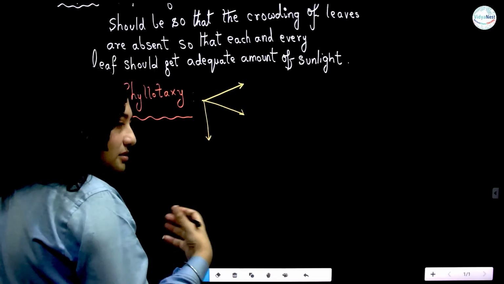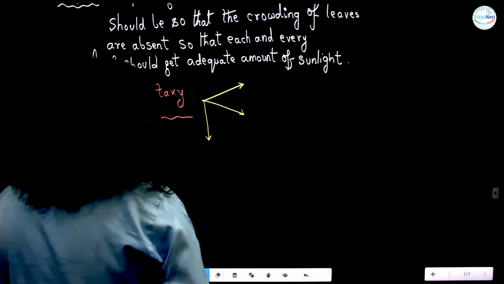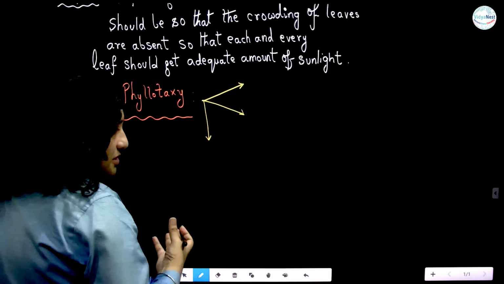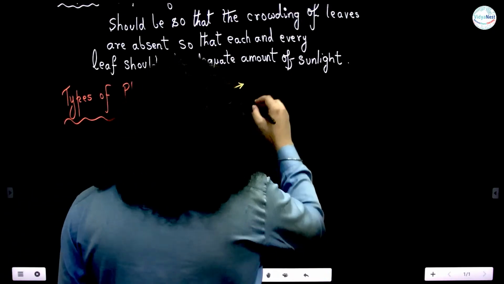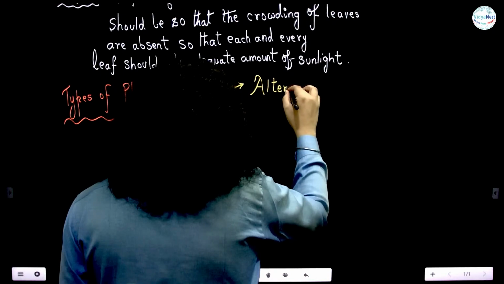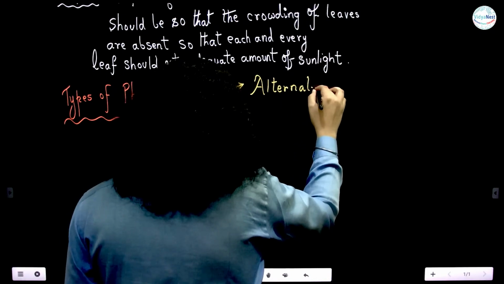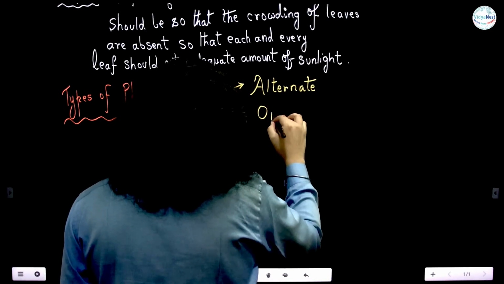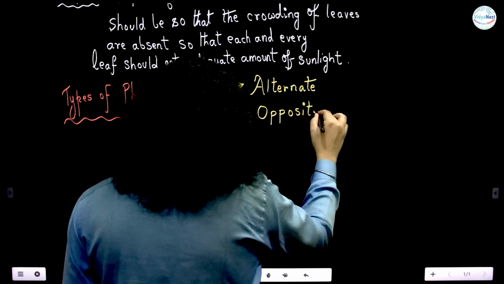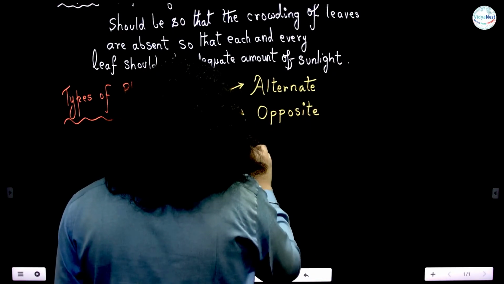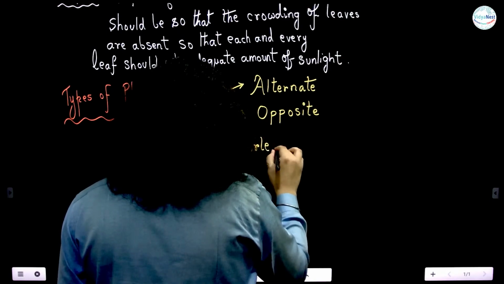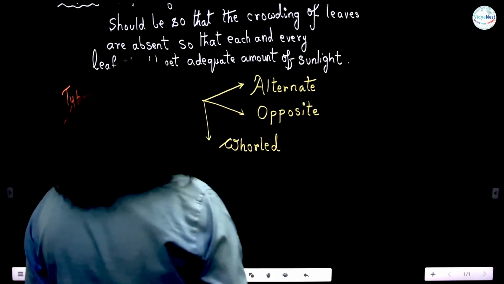There are many other types of phyllotaxy also, but here we will be dealing with only these three: alternate, opposite, whorled.